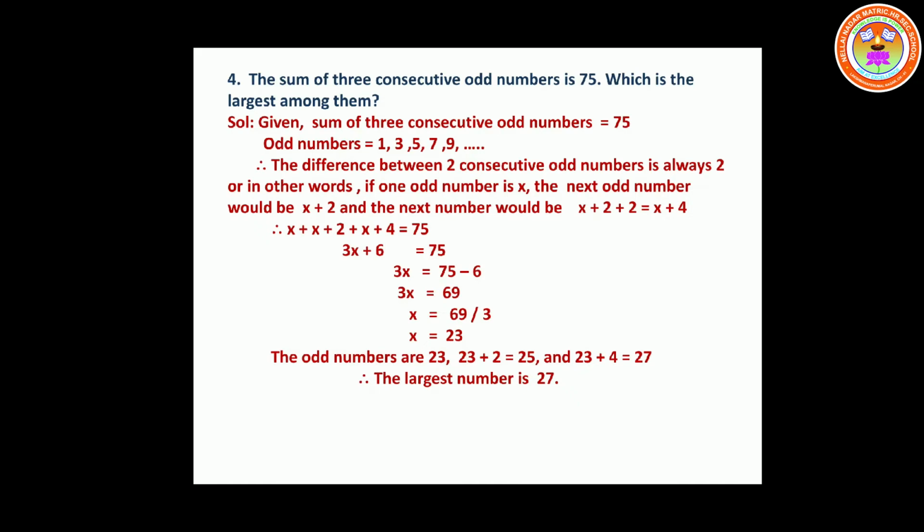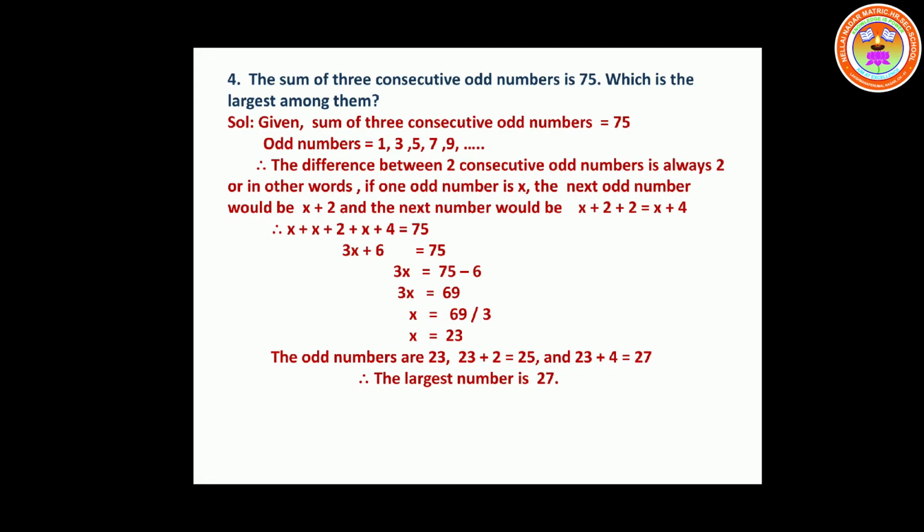When I subtract, what is 3 minus 1? It is 2. 5 minus 3, 2. 7 minus 5, 2. So when I subtract any 2 consecutive odd numbers, the answer is 2. This can be said in other words: if one odd number is x, the next odd number would be x plus 2.